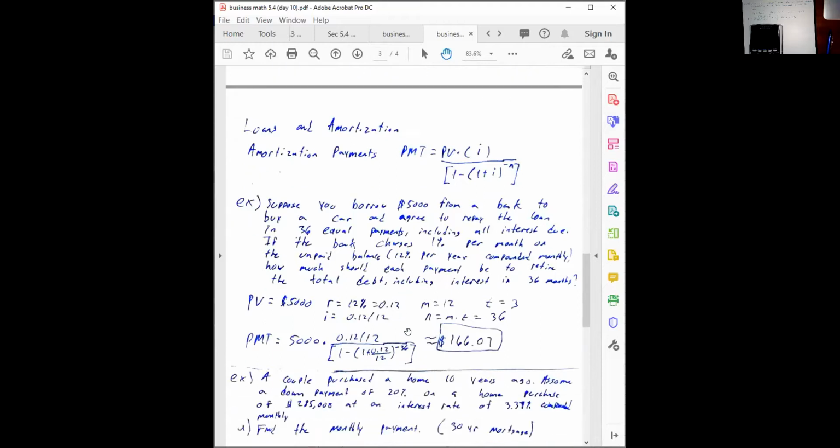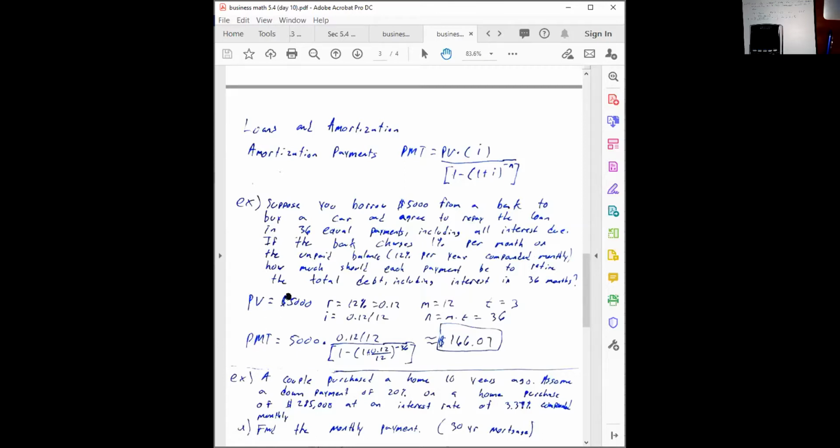And then they'll give you a rate, periodic payments, right? Monthly payments. So M will most likely be 12 for stuff like car loans and mortgages. You have your time, etc. So you'll find out what is the original amount of your present value, and then they'll ask what is your payment.